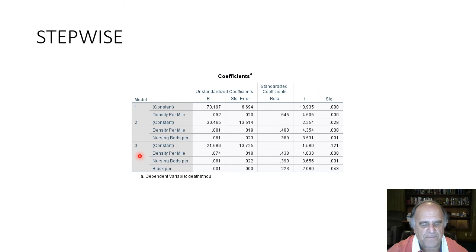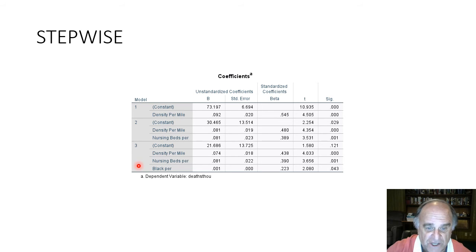And then step 3, SPSS says, well, we can still bring in one more variable. And that one more variable in this case is our coding of individuals who identify as African American within the state, actually per 100,000.